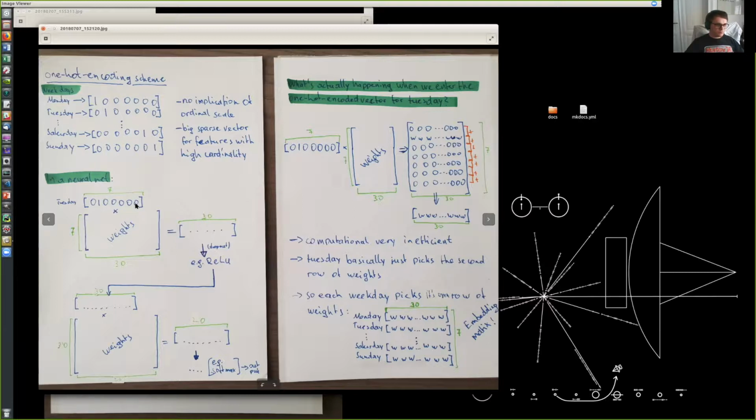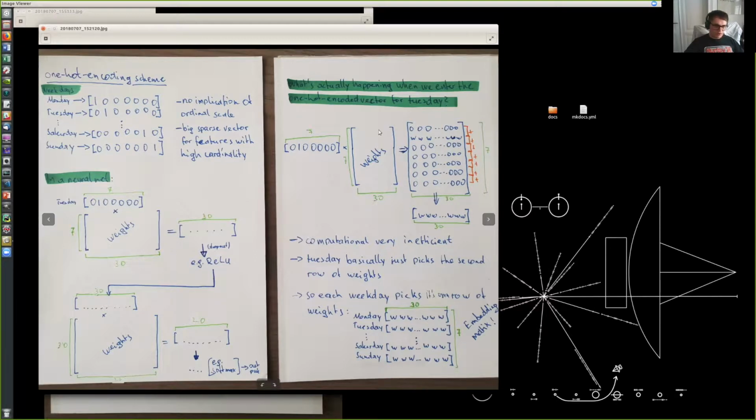Okay, so let's have a look at this matrix multiplication in detail, what's happening here. When you multiply this with the weight matrix, this is an intermediate step you have.